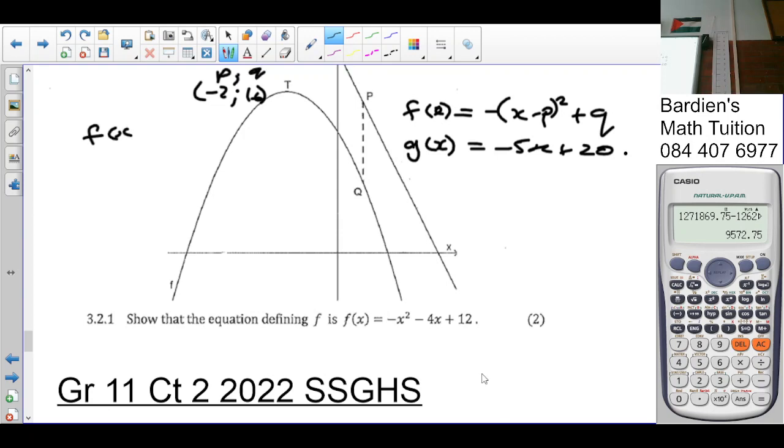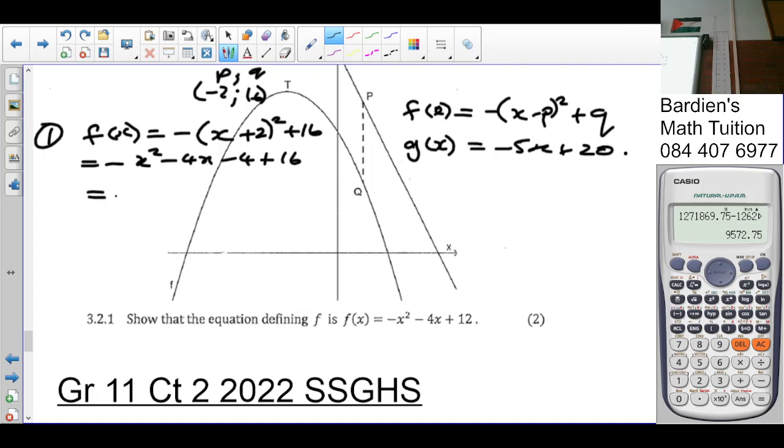So f of x, for number 1 of this question, is equal to negative, open brackets, x minus 2 squared plus 16. So you multiply that out, I get negative x squared minus 4x minus 4 plus 16. That gives you negative x squared minus 4x plus 12, which just confirms that is the equation.